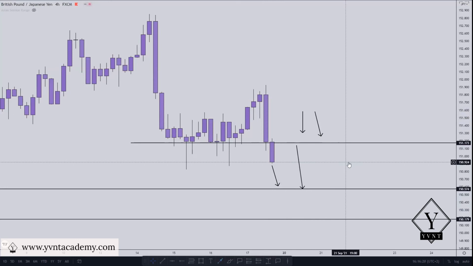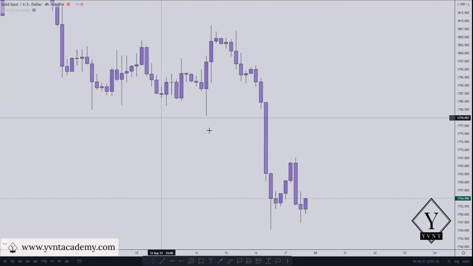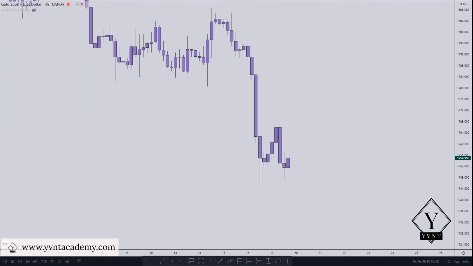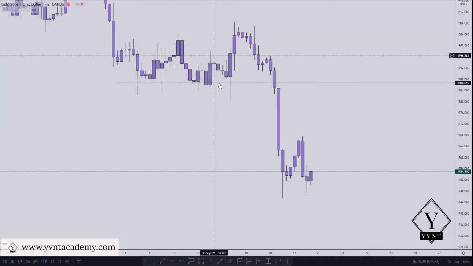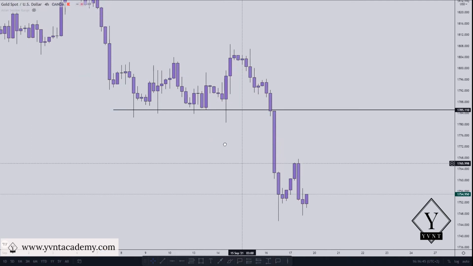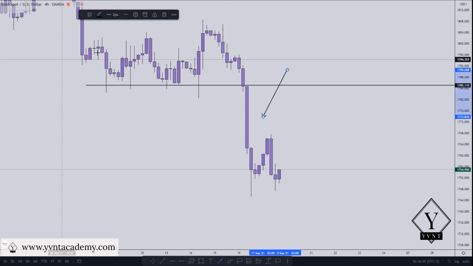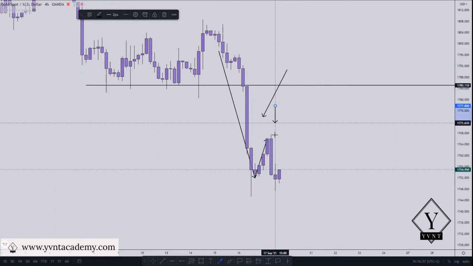Let me go to the next one, gold. On gold, the market is also bearish. We had this range last week, which we broke out of. And now we have this bearish structure: lower lows and lower highs.